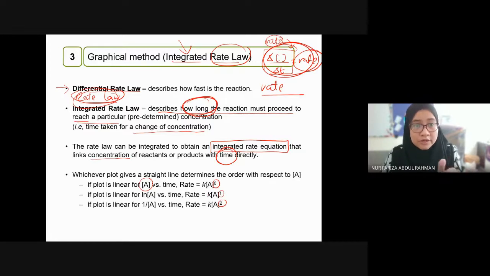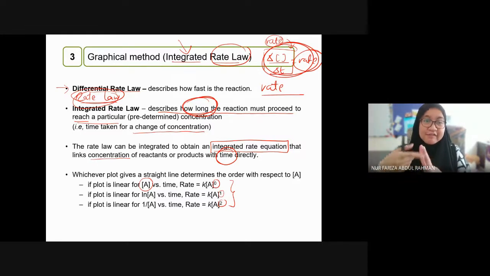You have to look at the integrated rate law, then this will make sense. So that's why I said we put it on hold first. I want to introduce to you the integrated rate law for zero order, first order, and second order. You need to be introduced to that first.